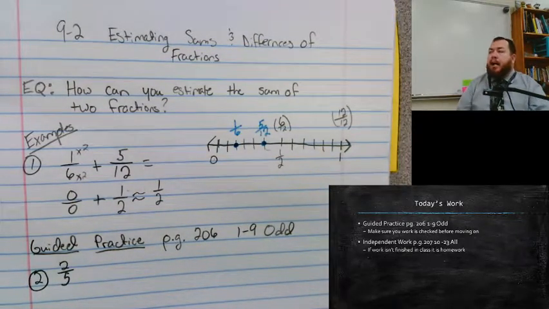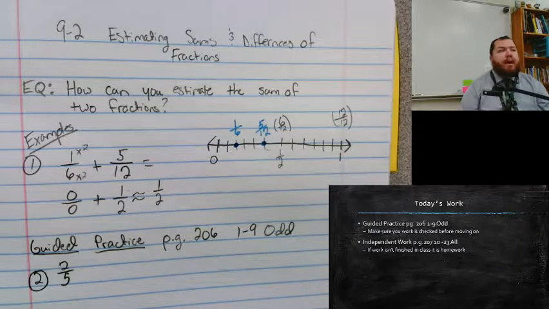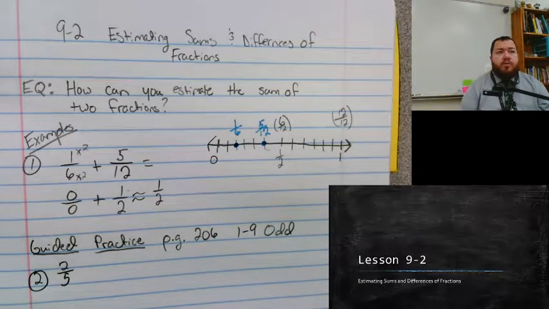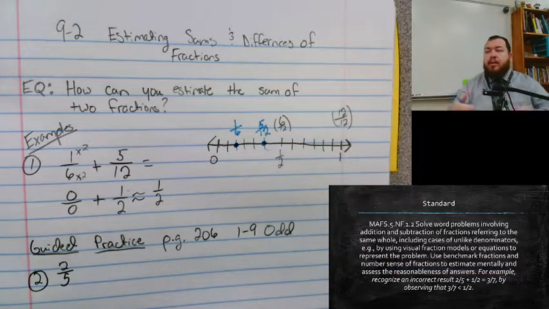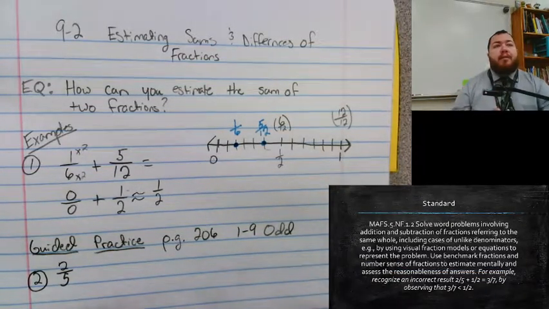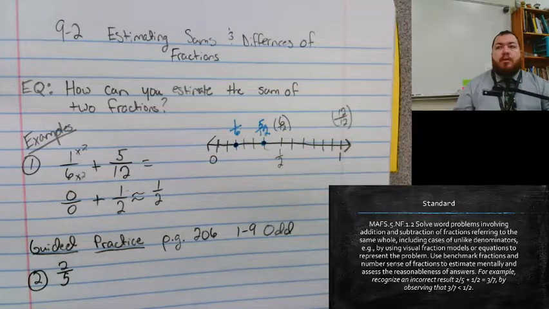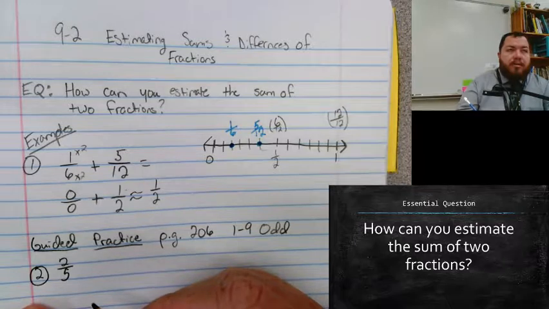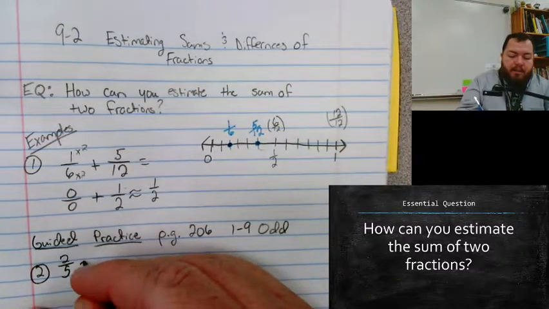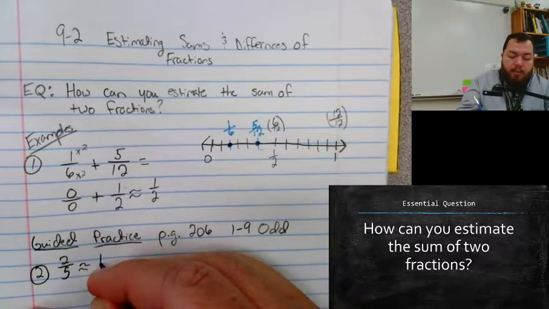In my mind, I need to figure out, well, what is half of 5? Half of 5 is 2 5/10, or 2.5. Is 2/5 pretty close to 2.5? Yes. If I drew this out on my number line, would this fall closer to 1/2 or 0? This would fall closer to 1/2. So I need to go ahead and say this is about 1/2.